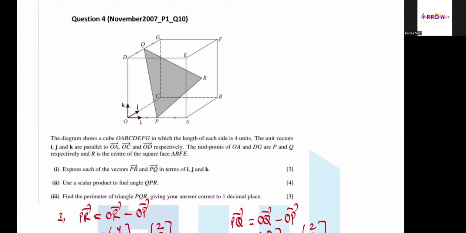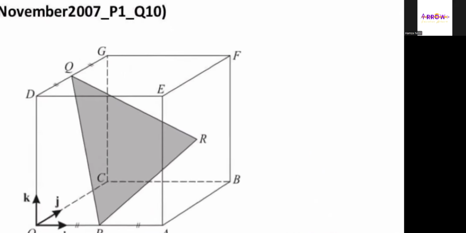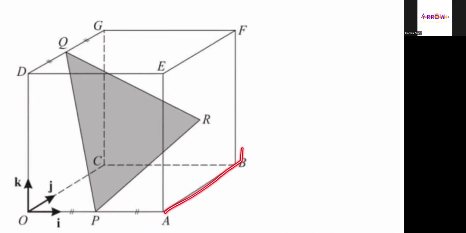The midpoints of OA and DG are P and Q respectively. And R is the center of the square face ABFE. ABFE is a square face, and R is the center of this face.